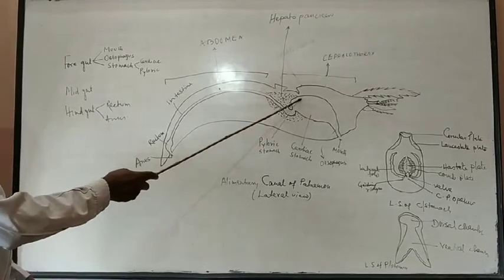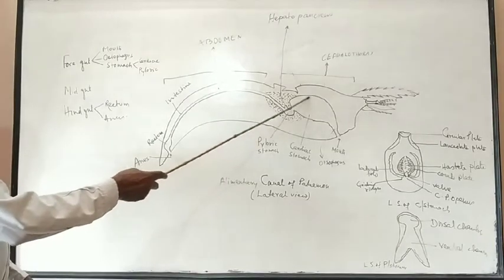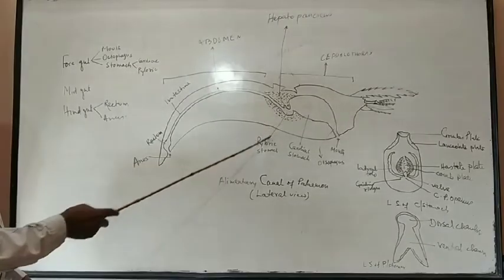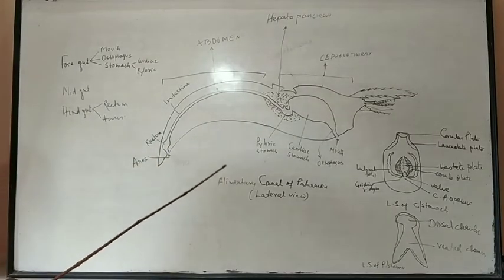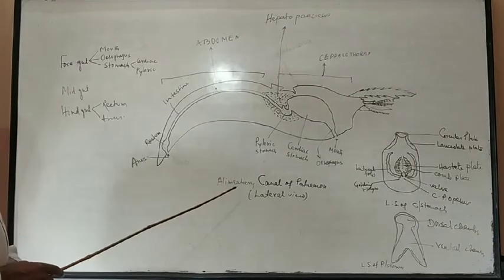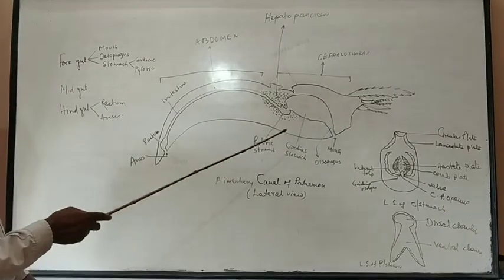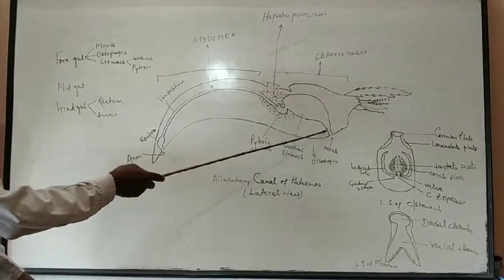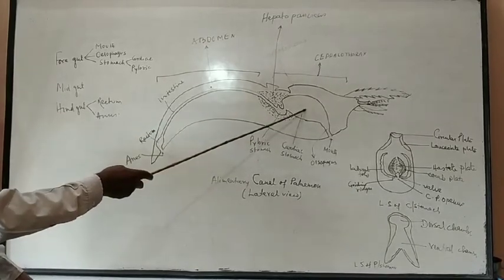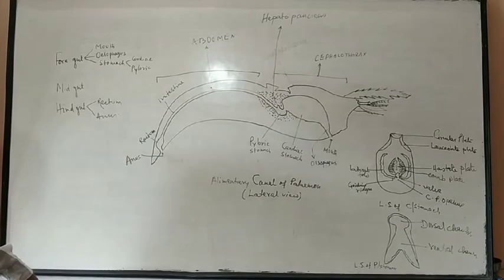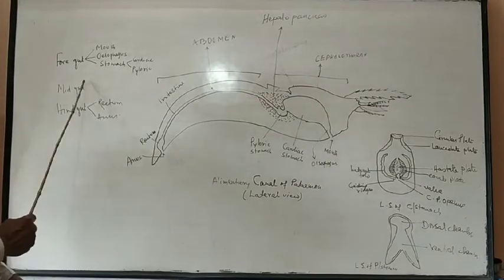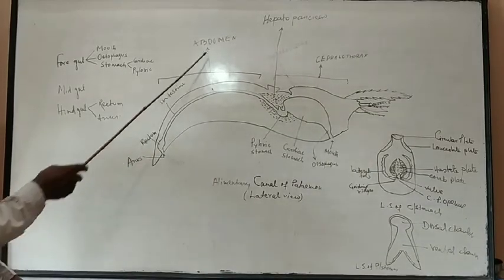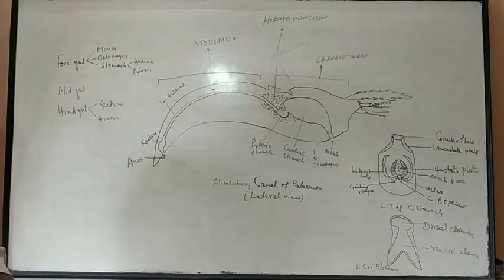Cardiac part is comparatively larger than the pyloric part, and this is present in the cephalothorax part of the prawn. The midgut and hindgut are present at the abdominal zone.